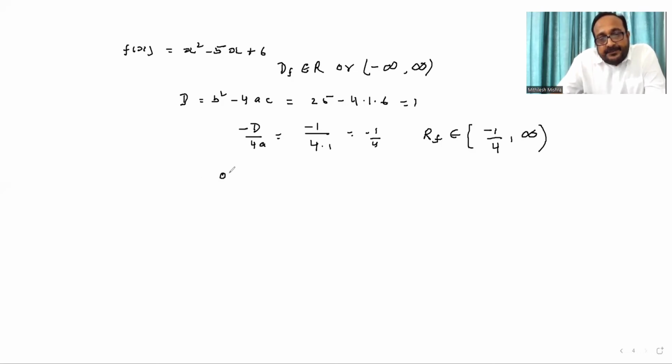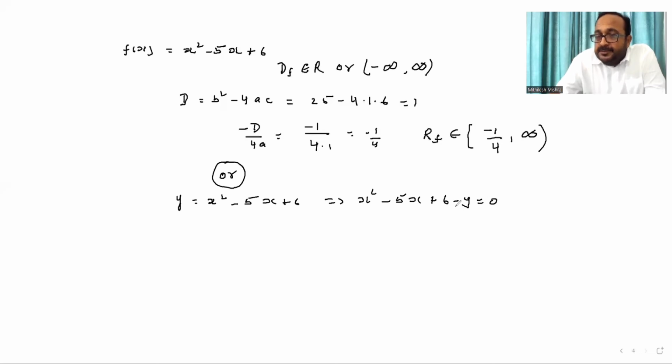Another method. Suppose f(x) is equal to y, so y will be equal to x² - 5x + 6, or x² - 5x + 6 - y will be equal to 0. Now for real x, as just I have discussed, discriminant must be greater than or equal to 0. b² - 4ac must be greater than or equal to 0. Right?